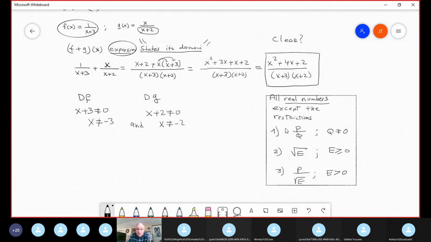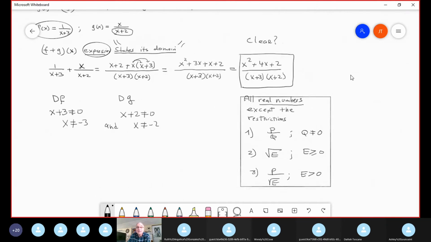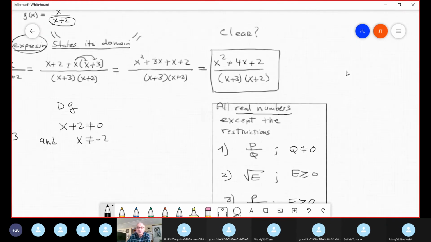There are several ways to write this idea. You copy like that. Curly bracket, x such that x is not 2, not negative 2, sorry, and x is not negative 3. This is a fantastic way to express this idea.